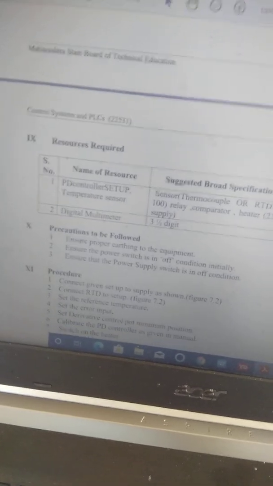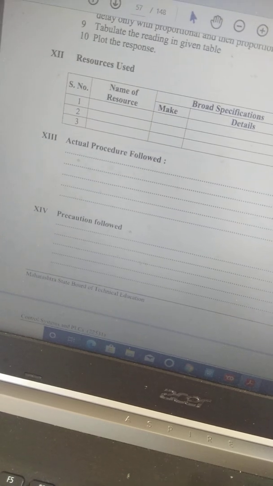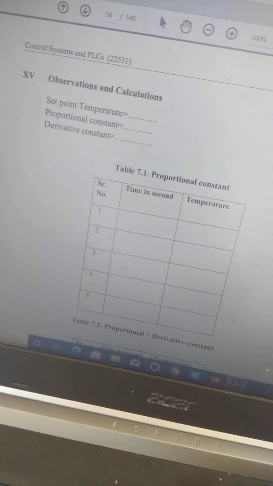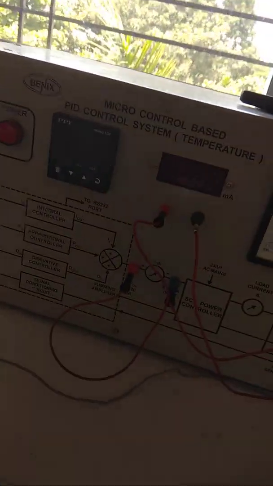For this experiment, we need a PID controller setup kit and a digital multimeter. Now please observe this experimental kit.